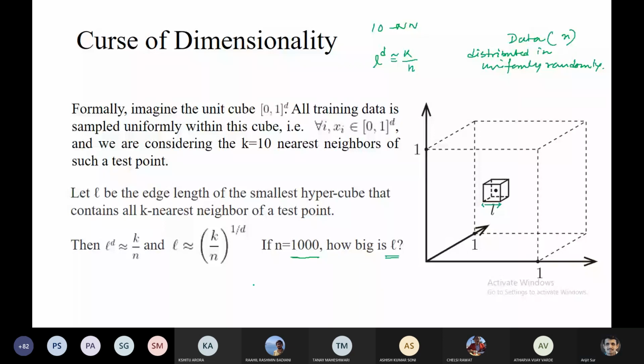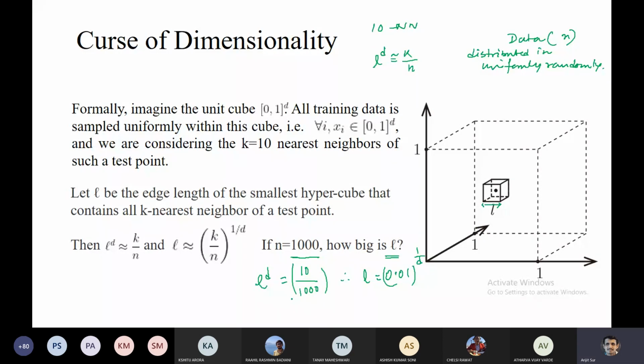L to the power d is equal to K by N, where K is 10 and N is 1000. Then L is equal to 0.01 to the power 1 by d, so L is (K/N) to the power 1 by d. Correct me if I'm wrong.